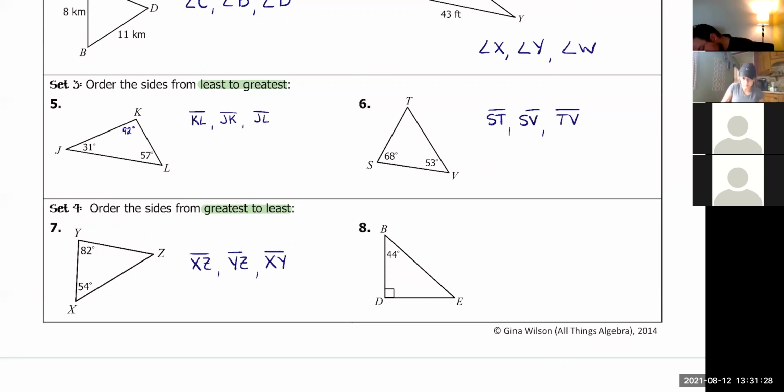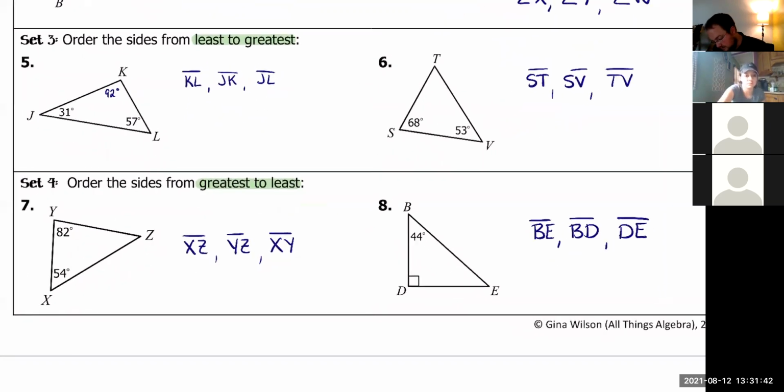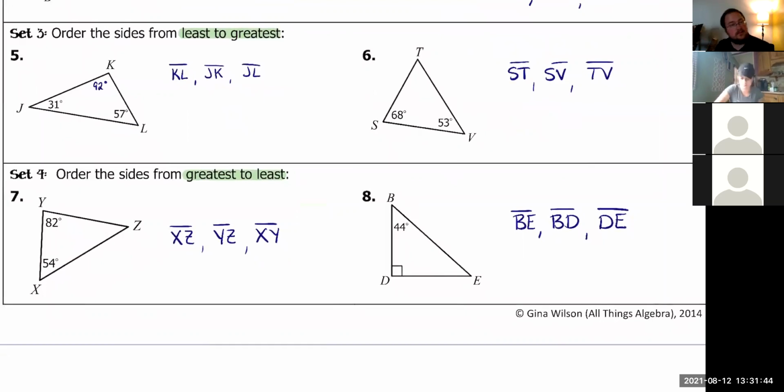And then example 8 would be BE, BD, and then DE. So again, to confirm some of those, you would want to make sure you calculate that third angle, make sure you have all the information so you can order them from either least to greatest or greatest to least.